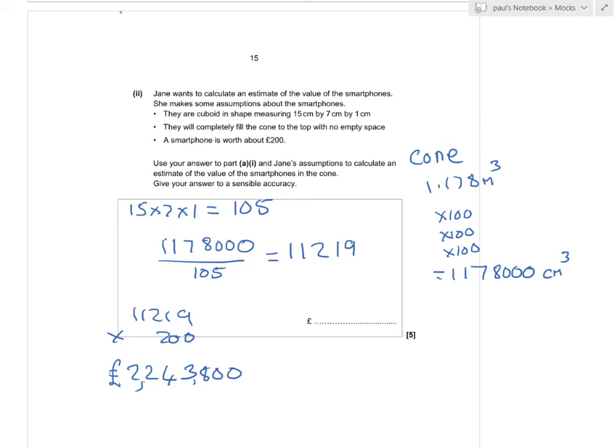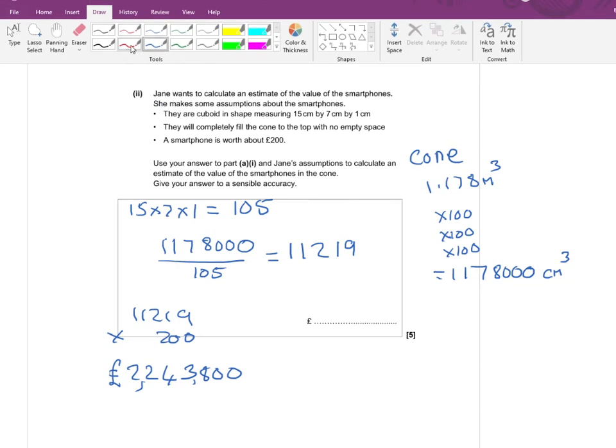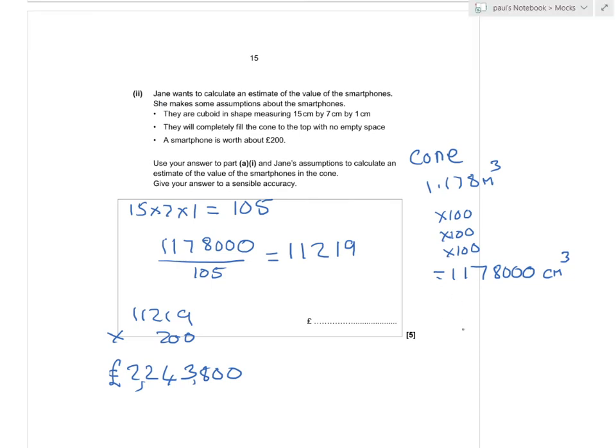Right, now it did say estimate, so what can we possibly estimate? Could we round that down? So estimate the volume of the cone as 1,000,000.